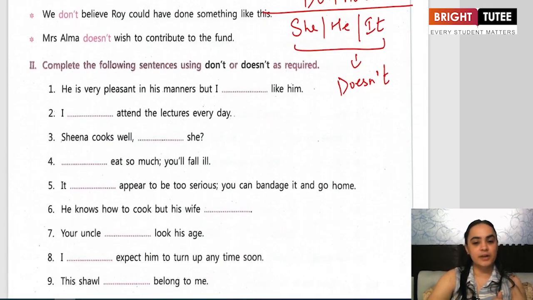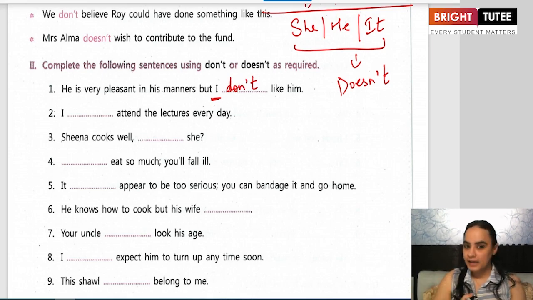Again, let us look at the question given below and try and solve it. He is very pleasant in his manners, but I dash like him. I. And I have told you I is plural, and with plural we use don't. I don't like him. I dash attend the lectures every day. Again, I plural, so don't.